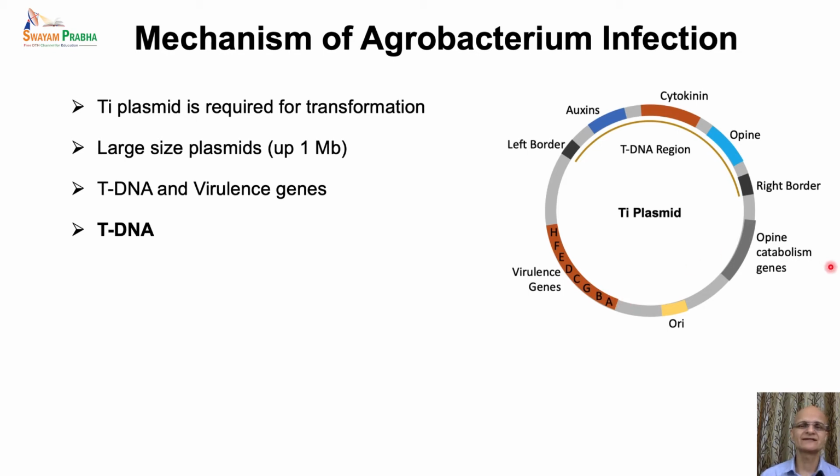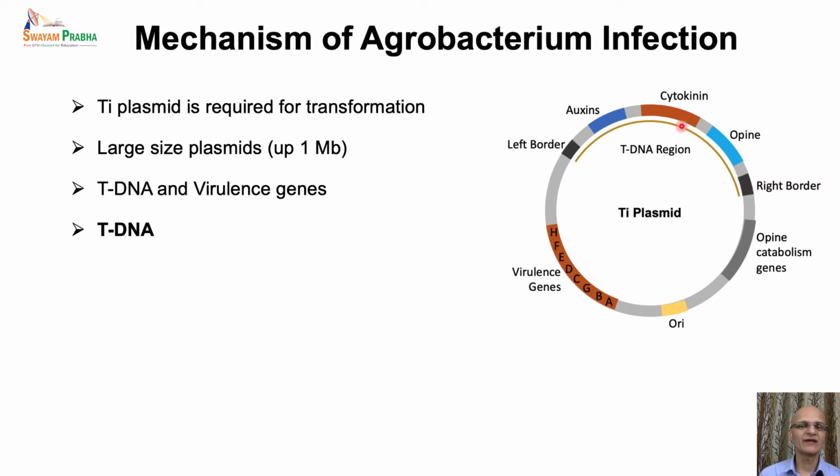Earlier we discussed that Agrobacterium transforms the plant cell with its own DNA segment. And this region between the left and right borders is the segment that is actually transferred to the plant genome during the infection and is called a transfer DNA or a tDNA.